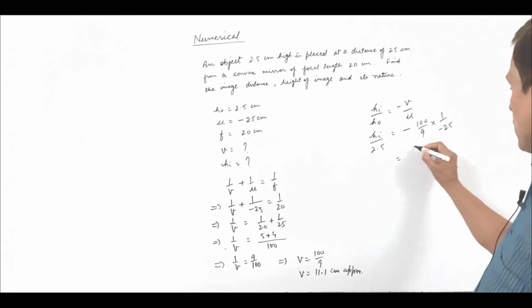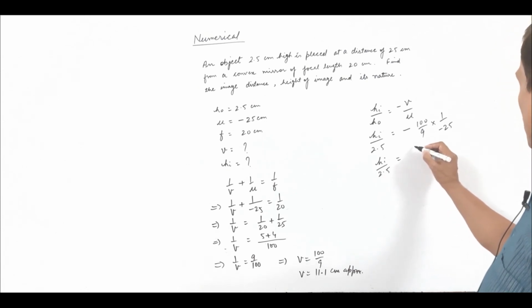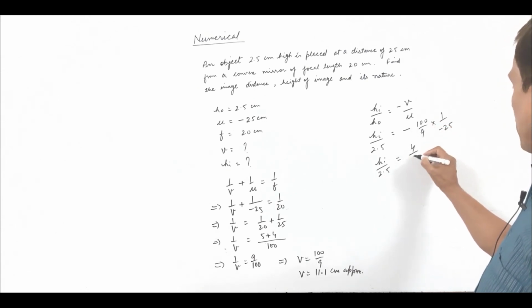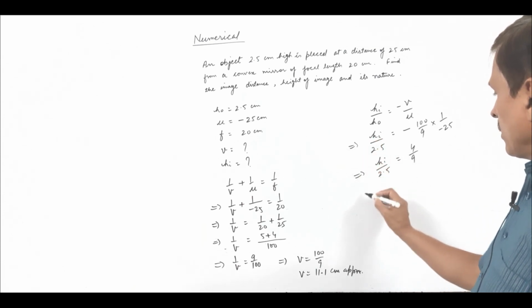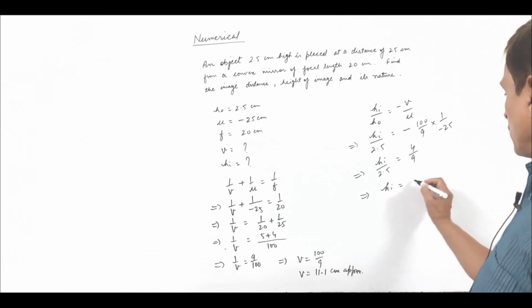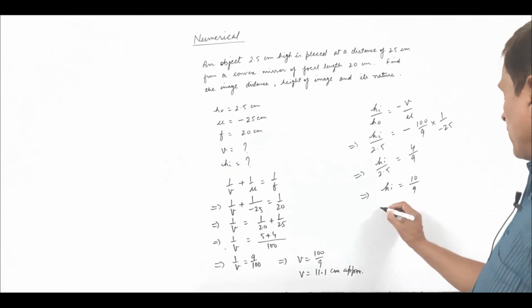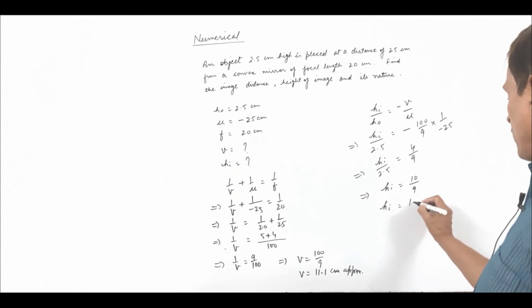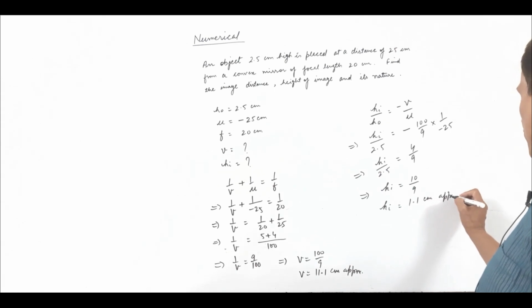That is Hi upon 2.5 is equal to 4 by 9, which further implies Hi is equal to 10 upon 9, or height of image is equal to 1.1 centimeter approximately.